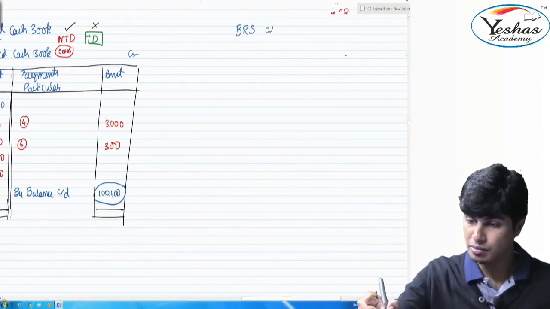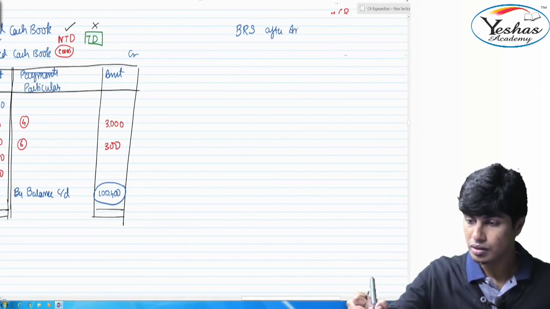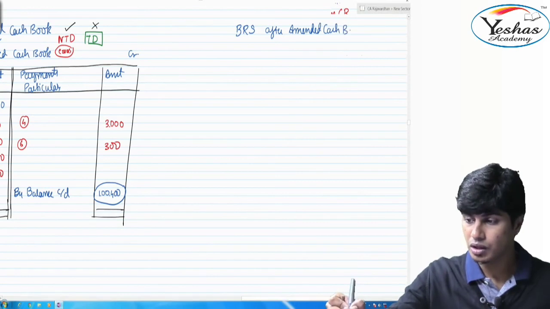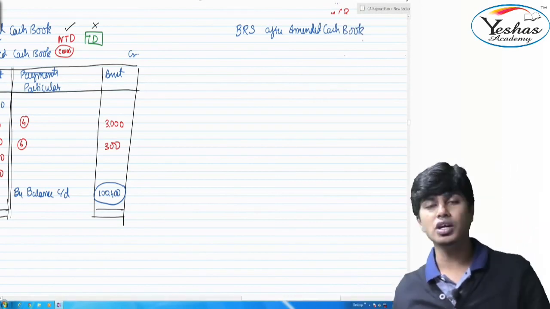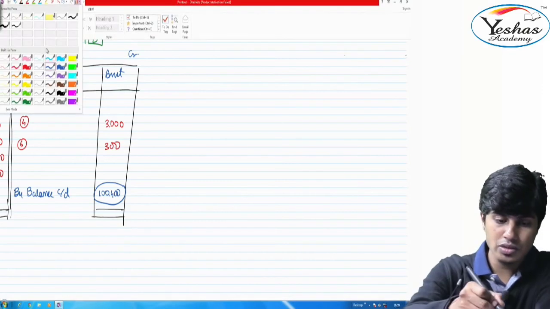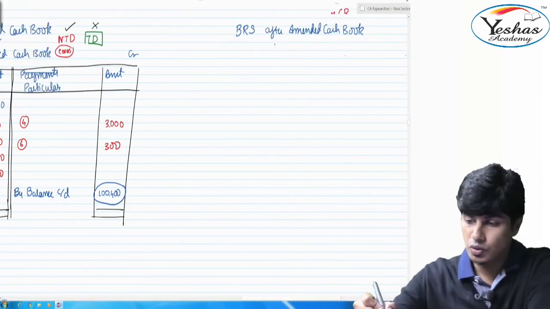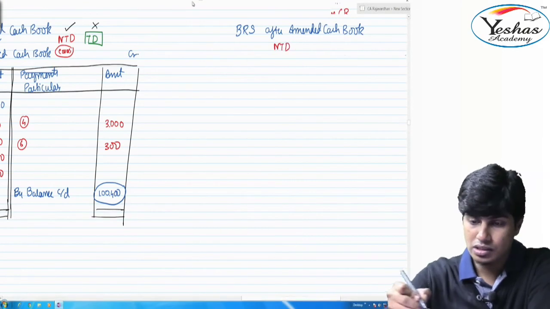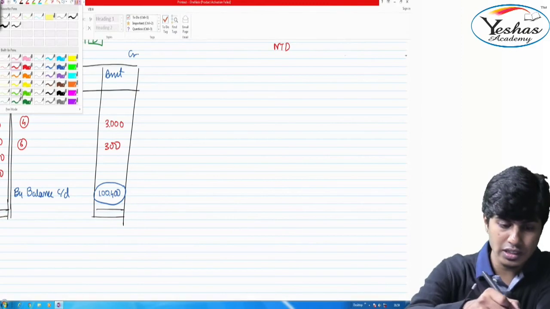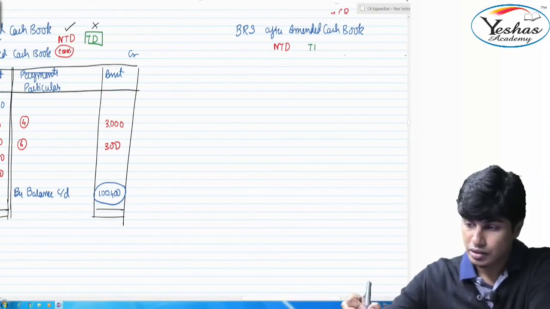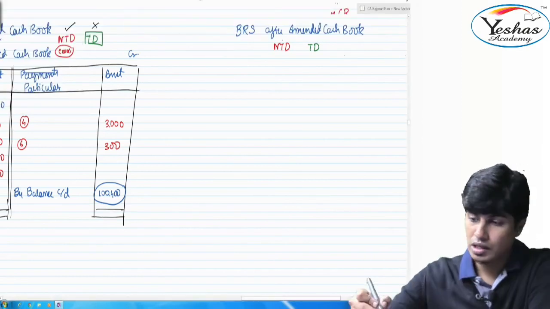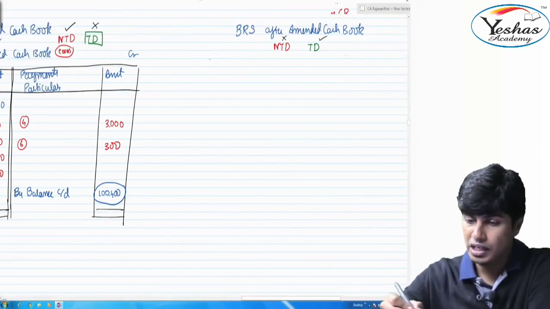Bank reconciliation statement after amended cash book. So when I say it is after amended cash book, this will include only timing differences. So will it have non-timing differences? Or will it have timing differences? It will not have non-timing differences, it will have only timing differences.